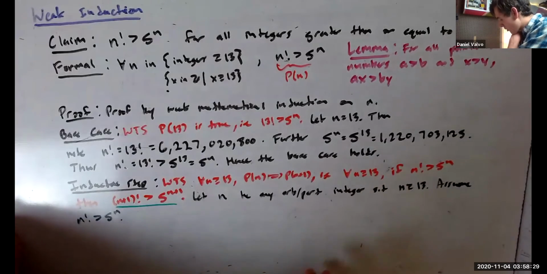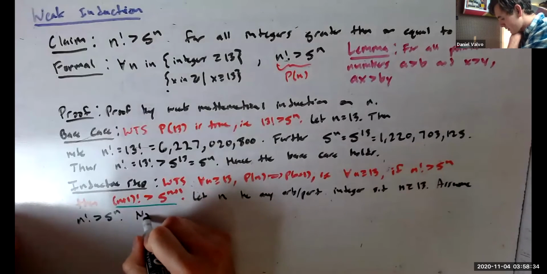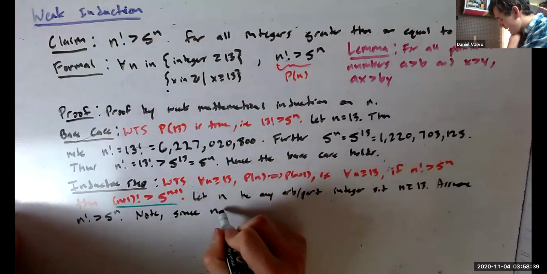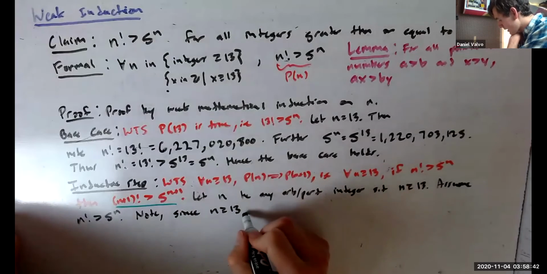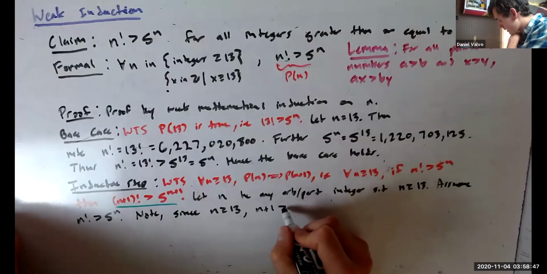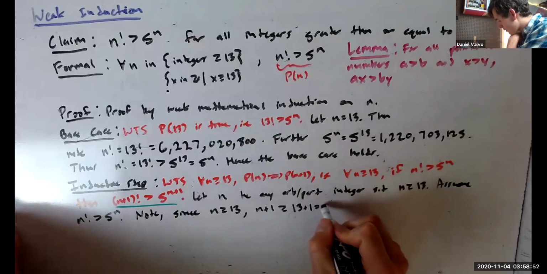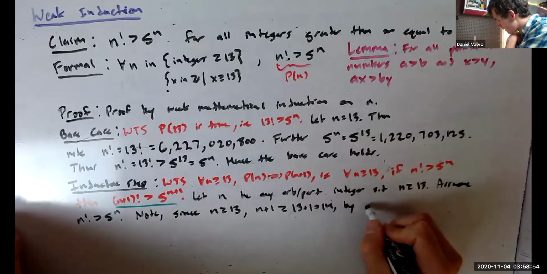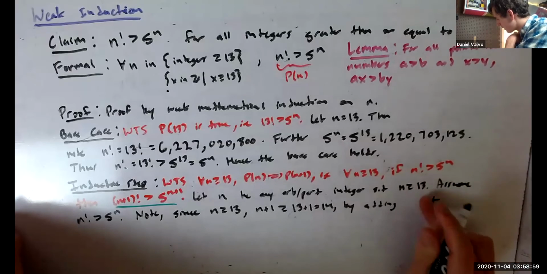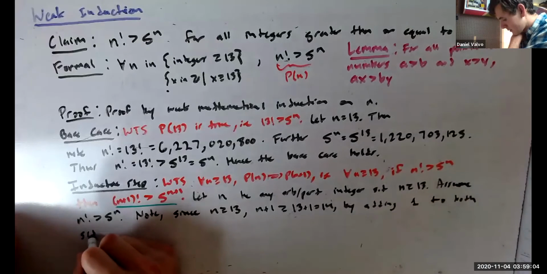So that's the idea. So let's note a couple things. Note, since n is greater than or equal to 13, n plus 1 is greater than or equal to 13 plus 1, which equals 14, by adding 1 to both sides.